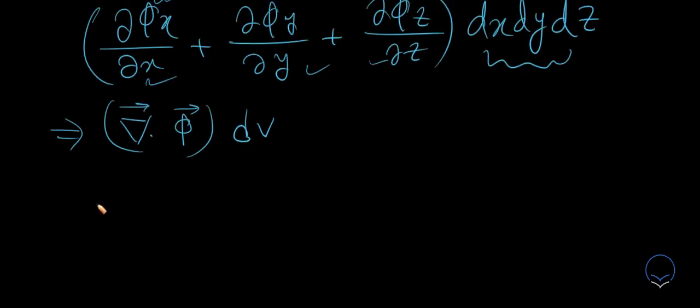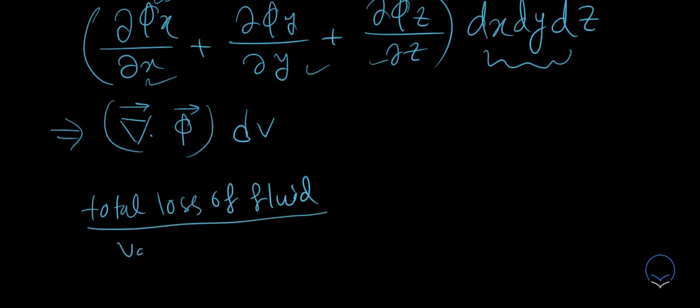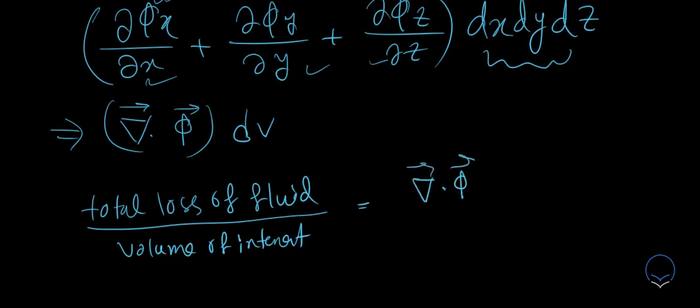So if I say total loss of fluid divided by the volume of interest, that is the volume you are considering, most of the time an infinitesimal volume, it is just the divergence of the field phi.